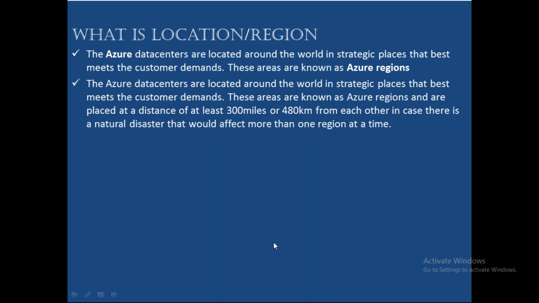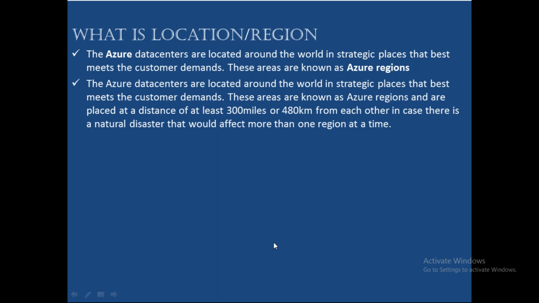If I'm not maintaining this much distance, what happens if I keep two data centers within Hyderabad? Recently we have seen floods in Hyderabad. What happens is two data centers will be destroyed. Two data centers will not be available for your usage. So it will lead to business loss.